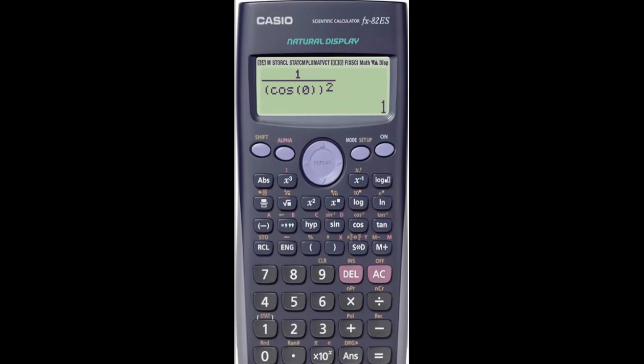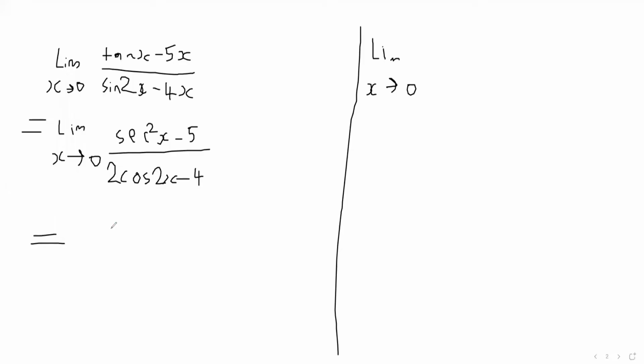So sec squared 0 is 1. When I plug in 0, I get 1 minus 5 over 2 times the cos of 0, which is 1, minus 4. This works out to be negative 4 over negative 2, and that gives me 2.